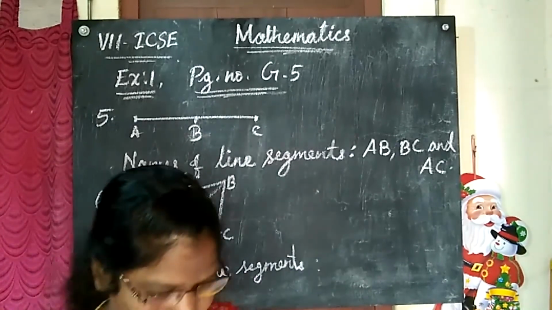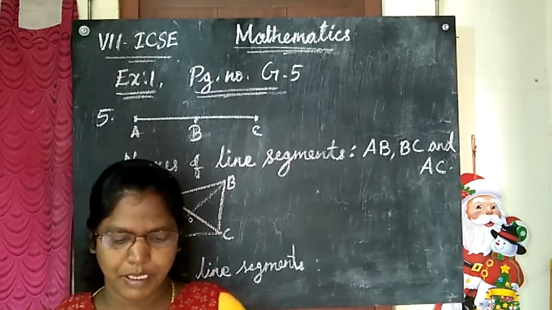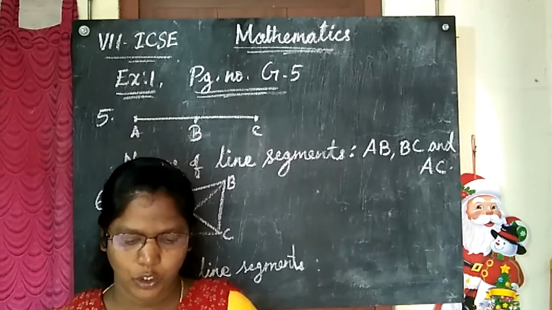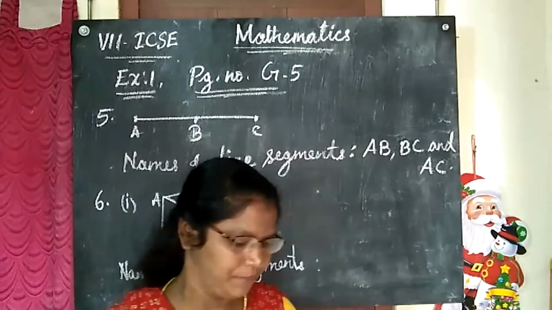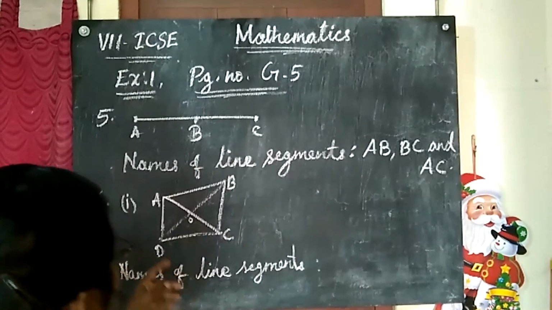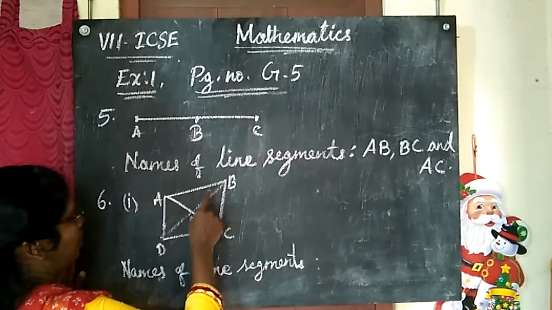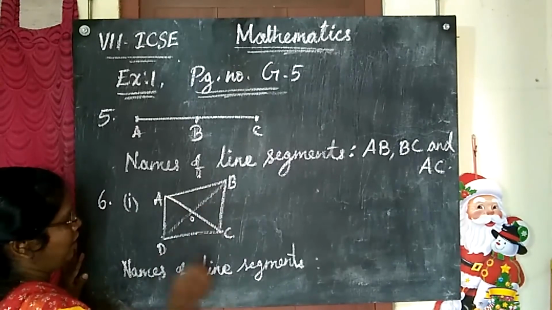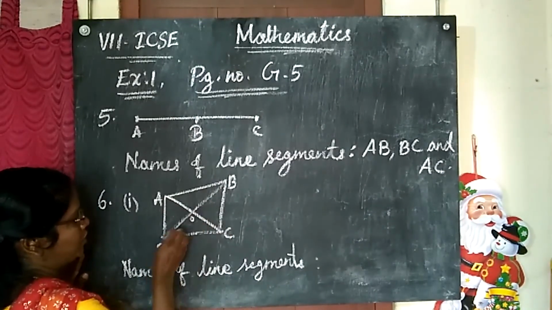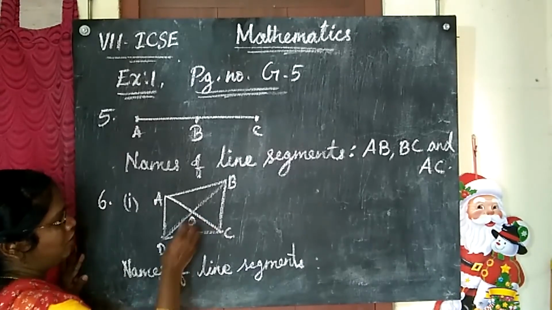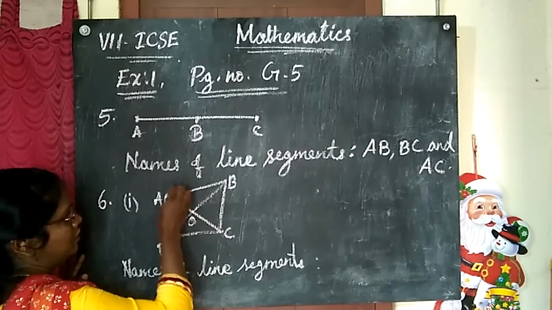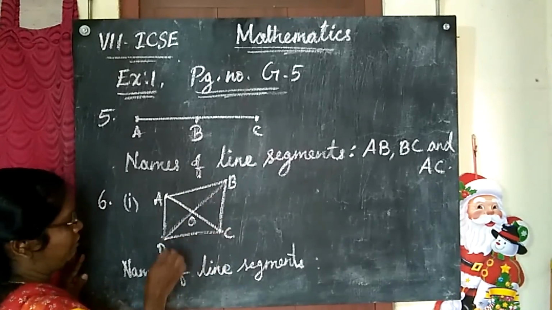Next, sixth one. Name all the line segments in the following figures. 2 figures are given. I'm going to do the first one, second one you can try, okay? See the figure here. Here A, B, C, D, and midpoint O is given here. Okay. So here this is endpoint, endpoint, endpoint, endpoint.